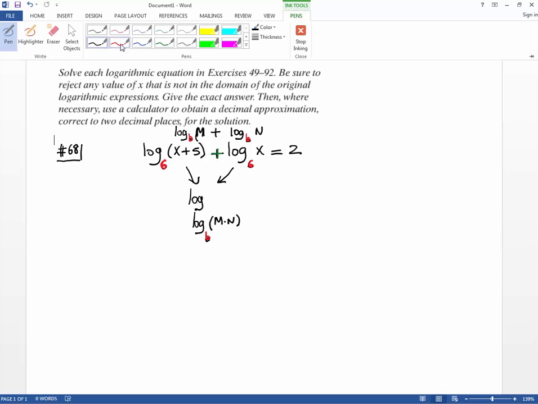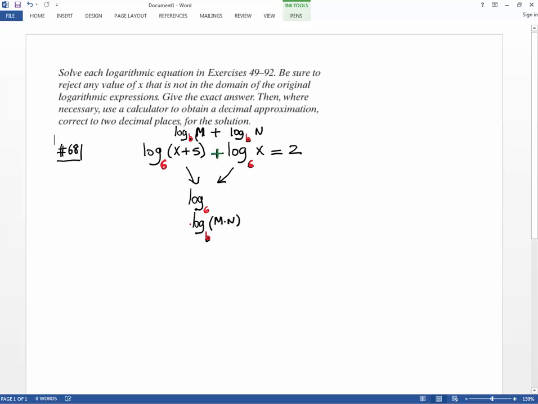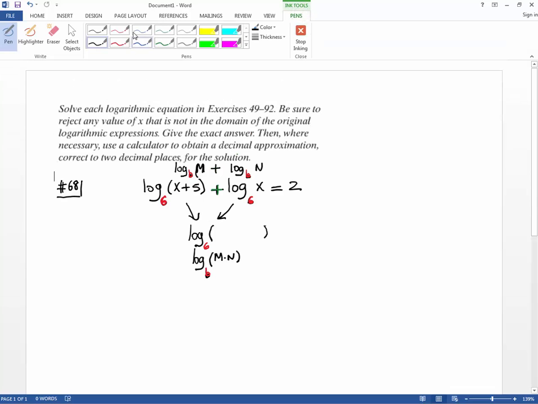Now the base that we have is base 6, and it's a log of a product. Now what is inside this product? We do have the quantity m, which is going to be this quantity here. So we have x plus 5, that's what m is, and that quantity m is going to multiply whatever n is.